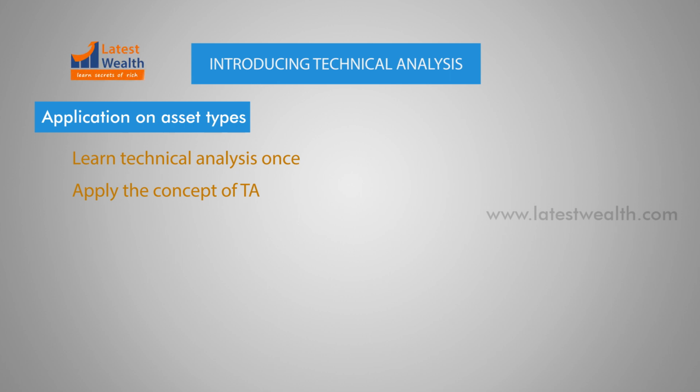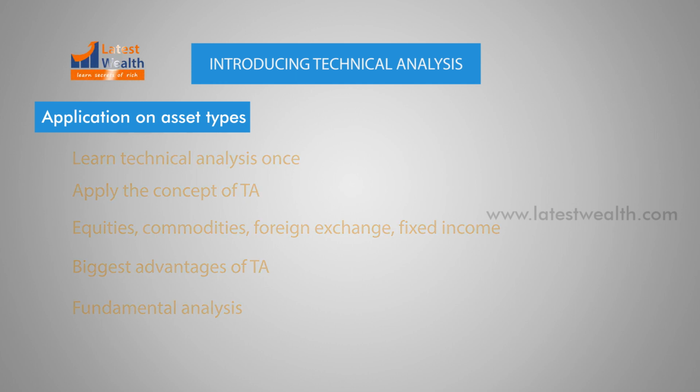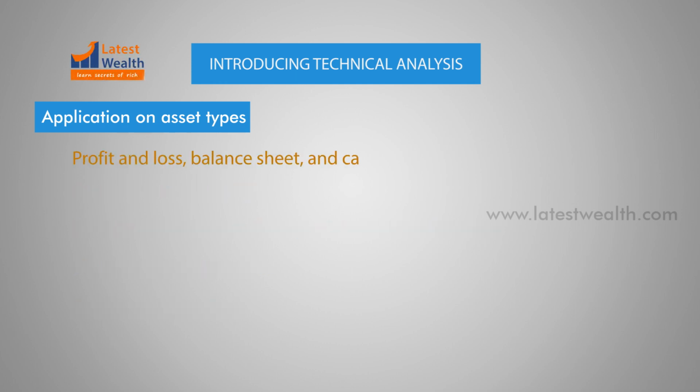In the same way, once you learn technical analysis, you can apply it in any asset class like equities, commodities, foreign exchange, fixed income, etc. This is probably one of the biggest advantages of technical analysis when compared to other fields of study. For example, suppose you learn fundamental analysis of equity; you have to study profit, loss, balance sheet, cash flow statements.